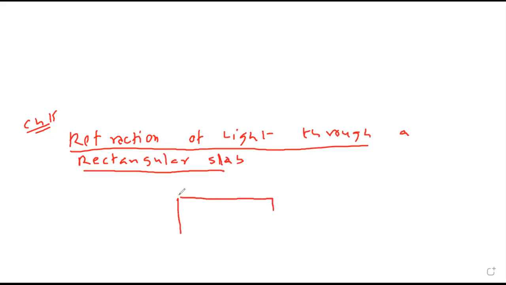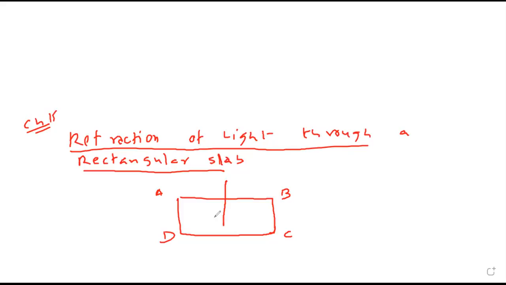Suppose this is a glass slab. This time, how many refractions will take place? 2. One on this face AB, the other on this CD, 2 refractions. If the medium is the same, that means above AB and below CD the medium is air, the rays will be parallel to each other.